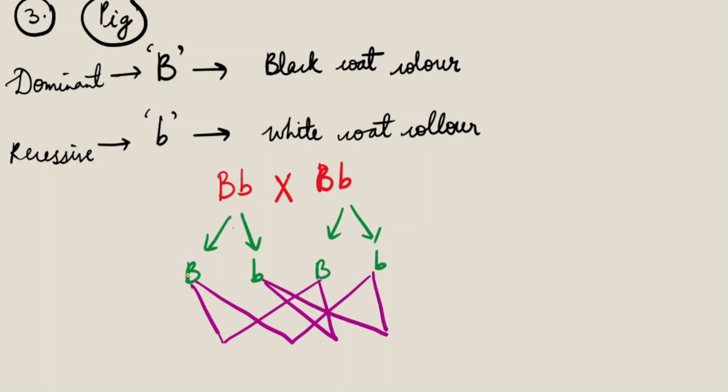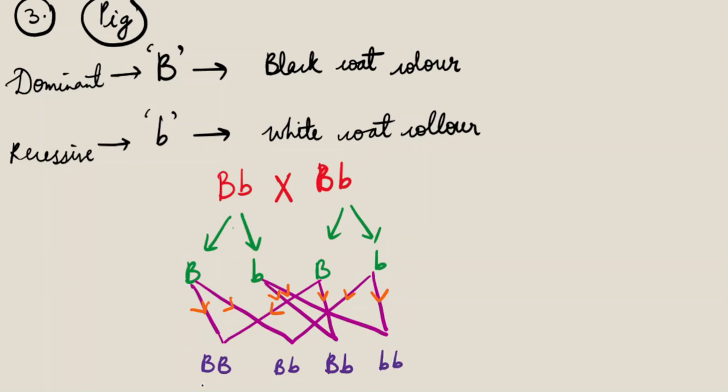You have to put the arrows this way. And what will we write here? What are the possibilities we are getting? Capital B, capital B, then capital B, small b, then capital B, small b, then small b, small b.